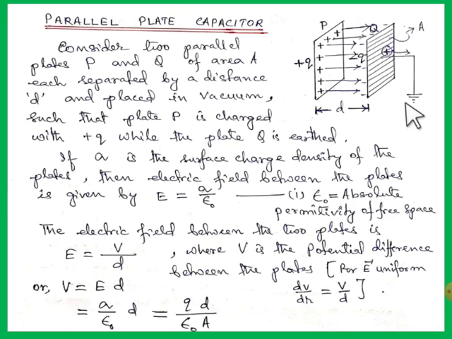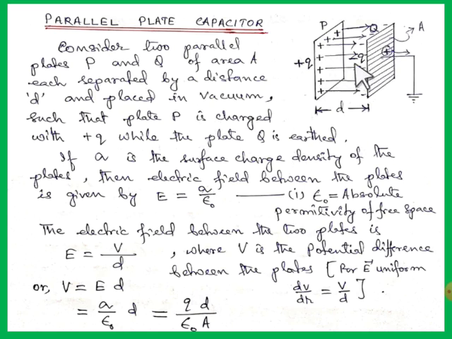Got it? So let's see the parallel plate capacitor. Consider two parallel plates P and Q, separated by a small distance d between P and Q, and placed in vacuum.